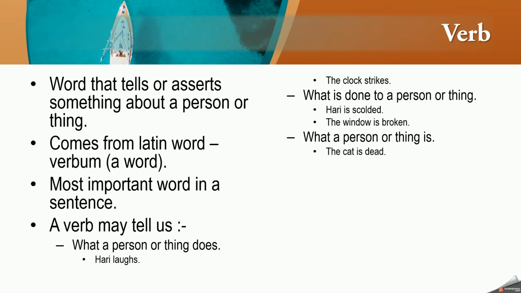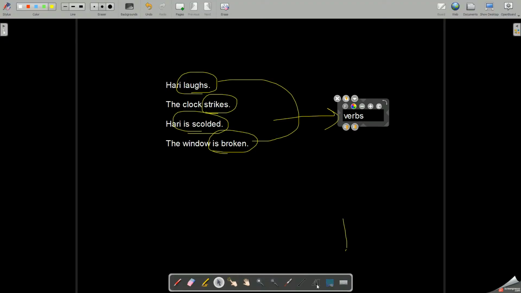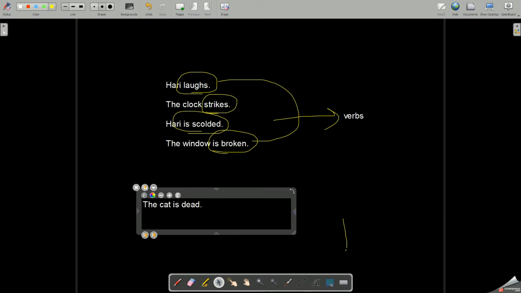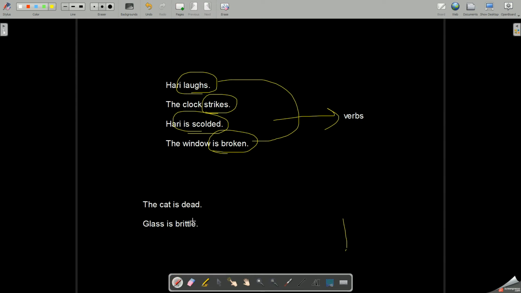What a person or thing is: the cat is dead, glass is brittle. So, if I say the cat is dead, glass is brittle, I am trying to describe the state in which a particular thing or animal is.